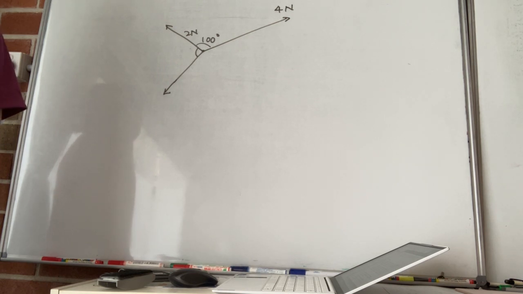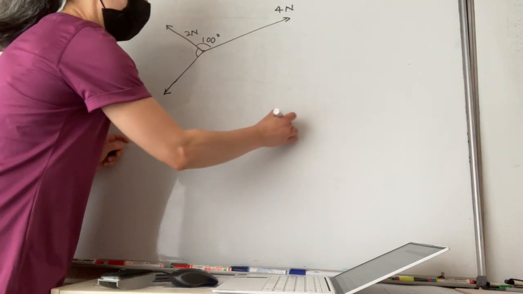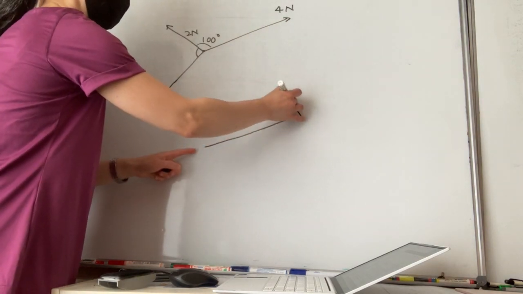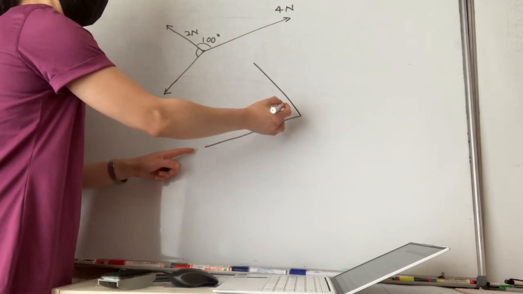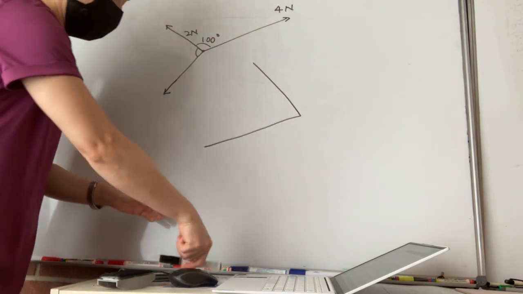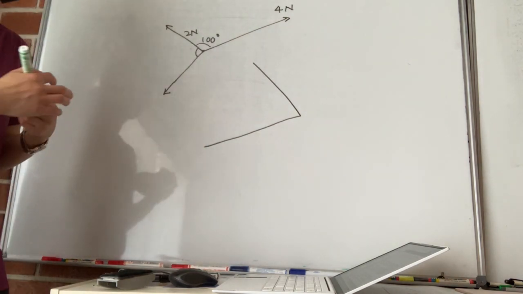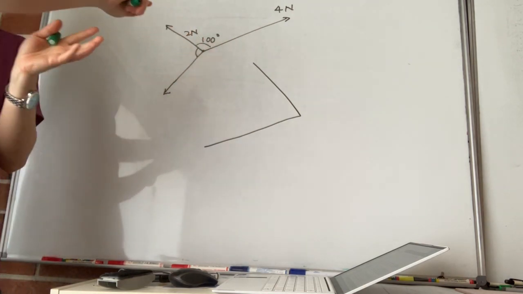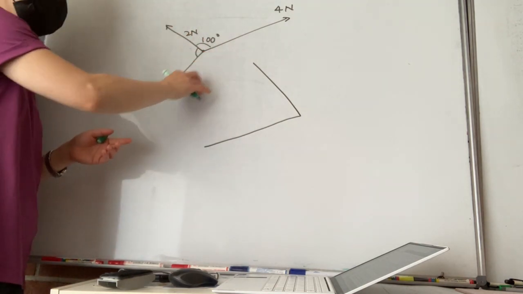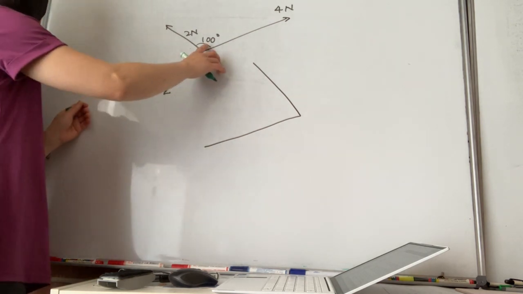Yeah, you have to. Because if that is my 4 centimeter, this is my 2, that means this one in here, whatever angle, we need to do both at the same time here. I'm going to think of that as a 100, because I haven't decided what this force is yet.